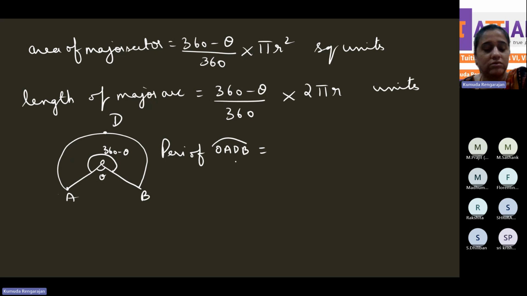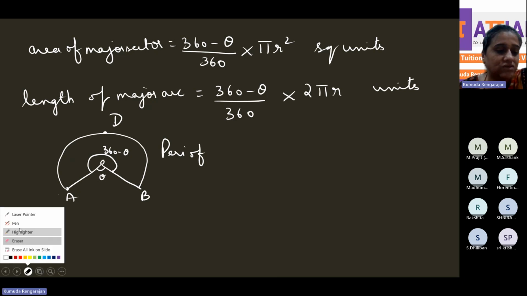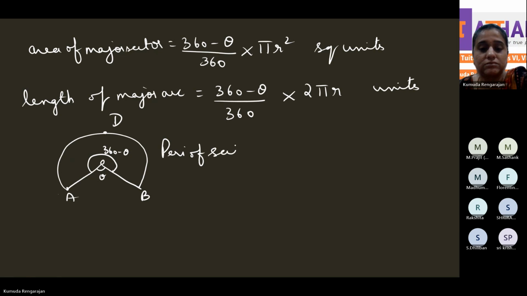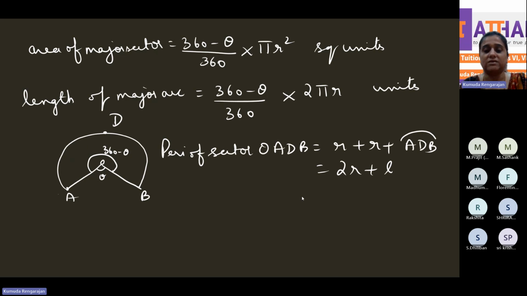So perimeter of the major sector OADB is equal to the same thing, radius plus radius plus the length of the major arc, that is the length of the arc ADB. So it is again 2R plus L, or diameter plus L units.